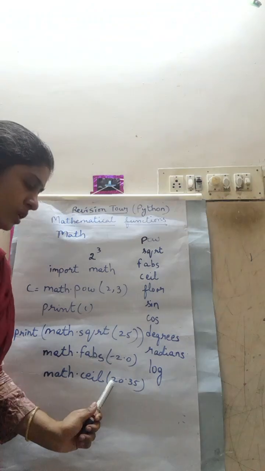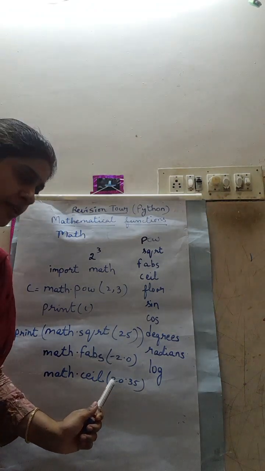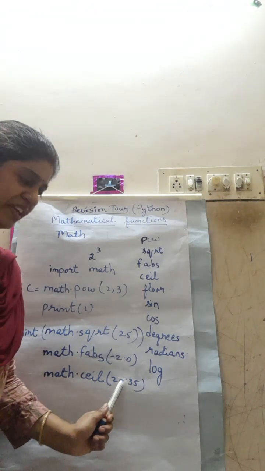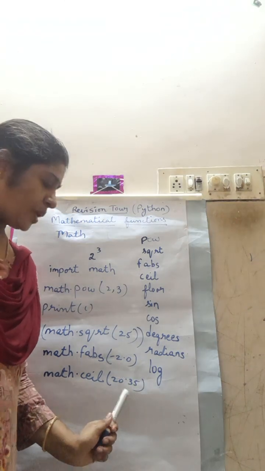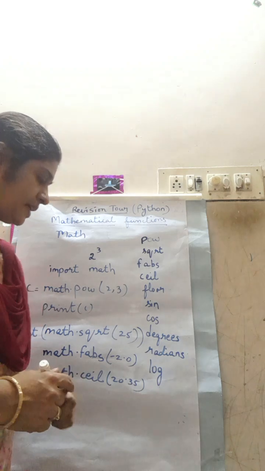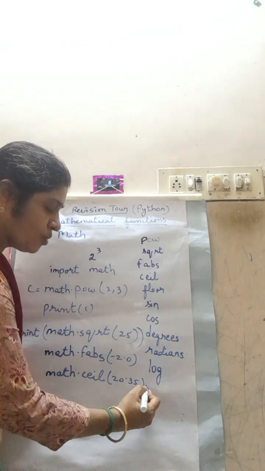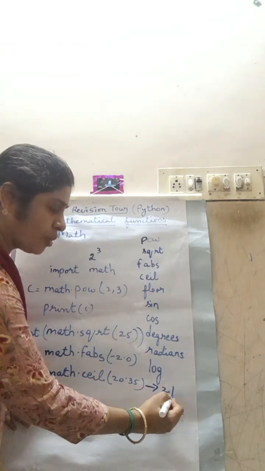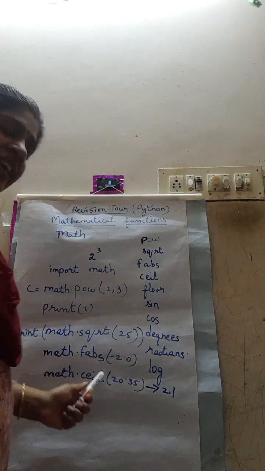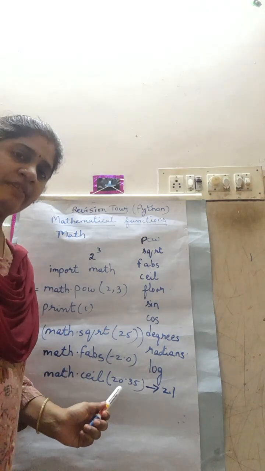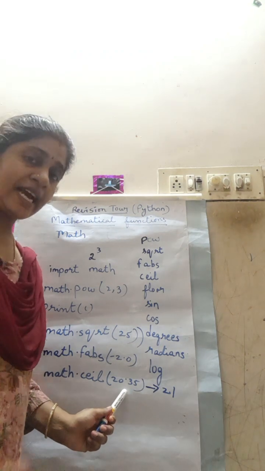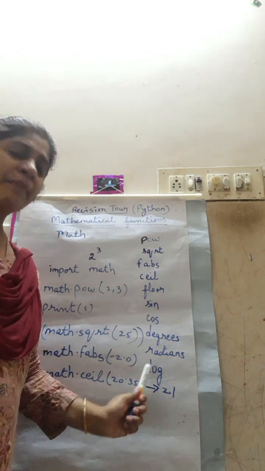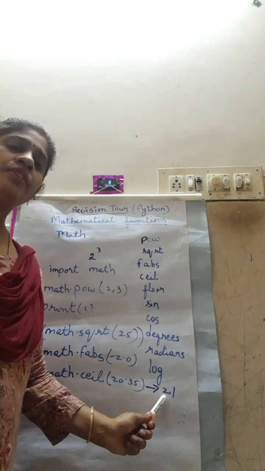It will give you the next higher value not lesser than 20.35. So the output would be 21. If it gives you 20, it is an error. It will give you the next higher integer, that is, the immediate higher integer, 21.